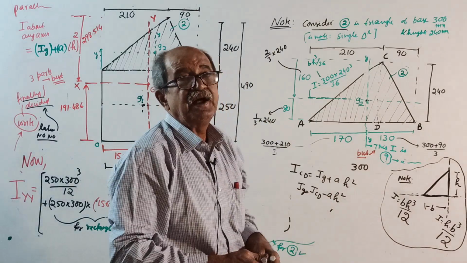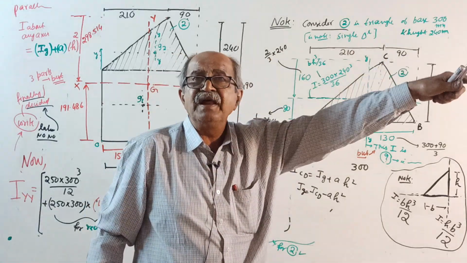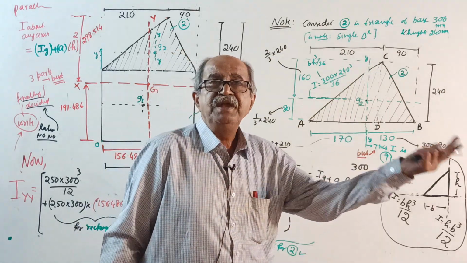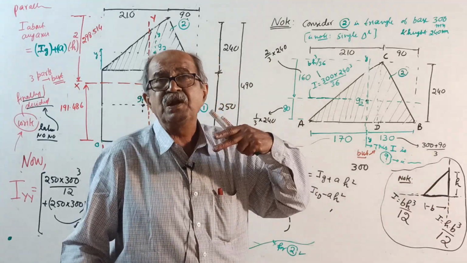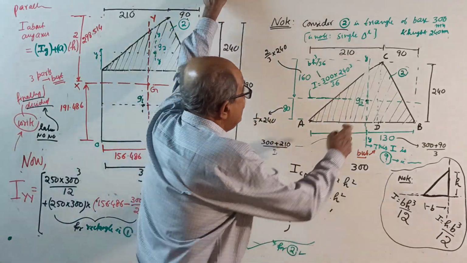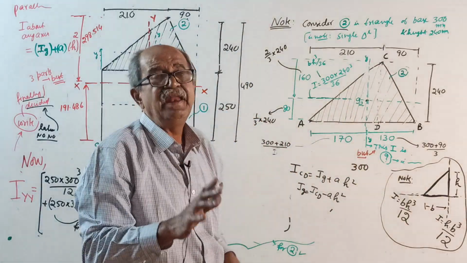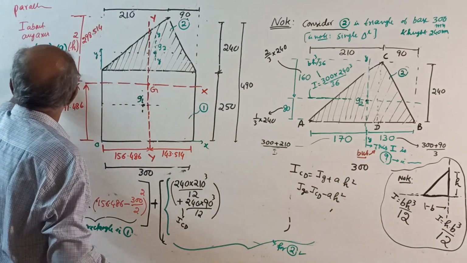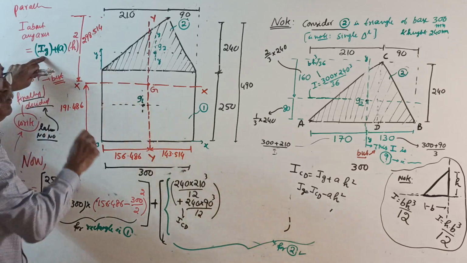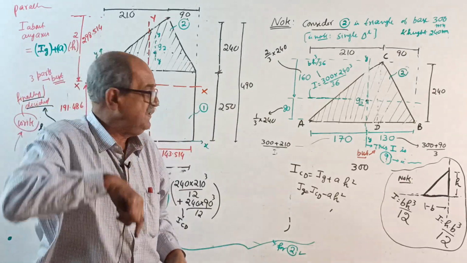Remember, if you go from the centroid to any other axis, it is plus AH square, whereas from any other axis, if you come to the centroid, it is minus AH square. Now because this is I about CD, it is not centroidal. I about any axis equals I about the centroidal axis plus AH square, so if you want I about the centroidal axis, it is I about any axis minus AH square.